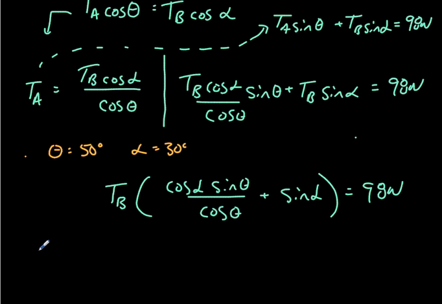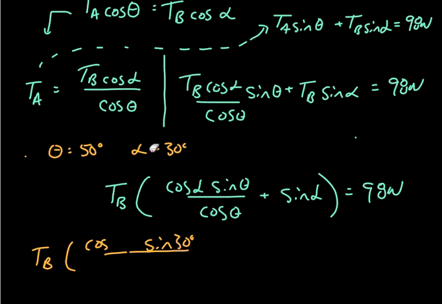So let's rewrite this. TB, which is what we're trying to solve for, should be equal to cos 50 sine 30. Oh, that's not right. Make a mistake like that, and your number will not come out right. Lucky we caught that. Okay?